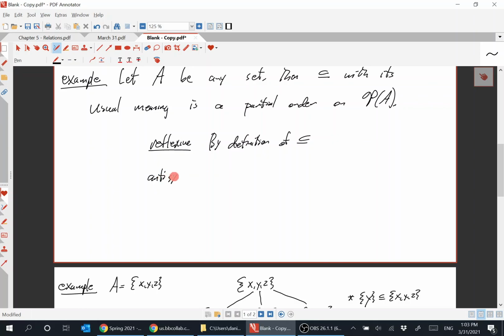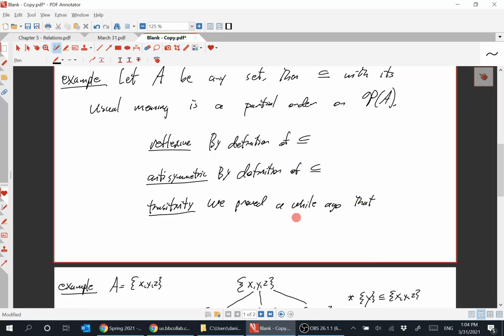Antisymmetric, again, it's by definition of the subset ordering. And transitivity, we proved this a while ago. We proved a while ago that X is a subset of Y, and Y is a subset of Z implies X is a subset of Z, or you did it in your homework.